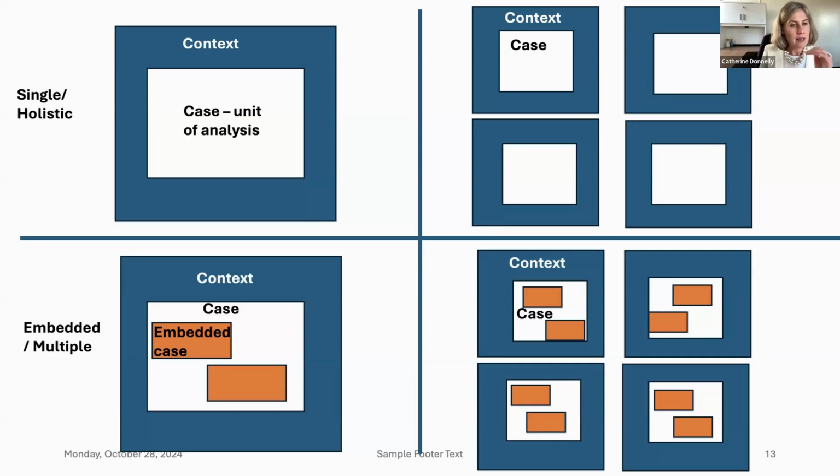So again, for this, I'm going to use the example coming up where the context was an acute care hospital and a post-surgical unit. And the case was looking at how evidence-based post-surgical mobility guidelines were implemented. And then the embedded cases were the individual patients and their activity patterns.